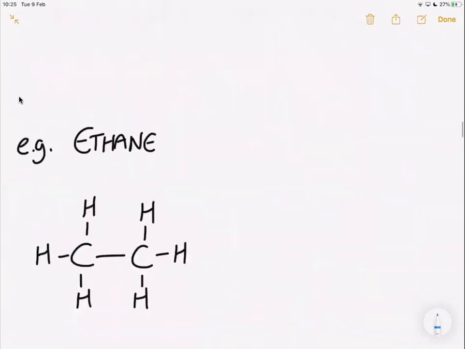So this is not an alkene, it's an alkane, ethane. Something you might not be aware of, unless you've played with model kits or looked at three-dimensional structures, because it's very difficult to see, is that in alkanes you get rotation within the molecule.